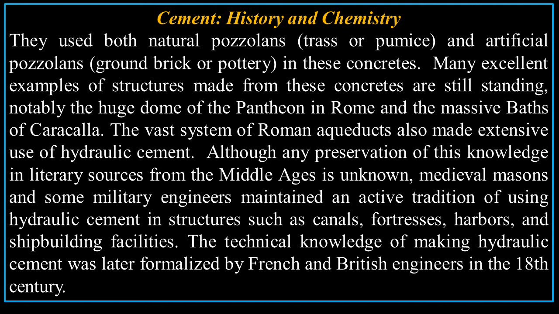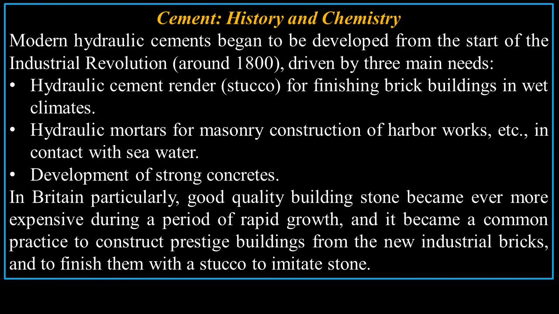Although any preservation of this knowledge in literary sources from the Middle Ages is unknown, medieval masons and some military engineers maintained an active tradition of using hydraulic cement in structures such as canals, fortresses, harbors, and shipbuilding facilities. The technical knowledge of making hydraulic cement was later formalized by French and British engineers in the 18th century.